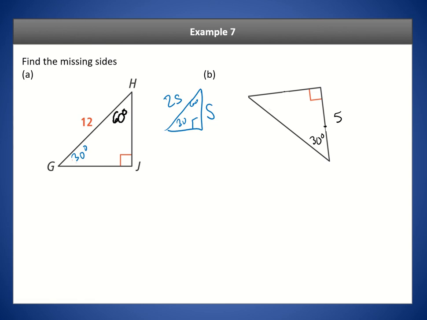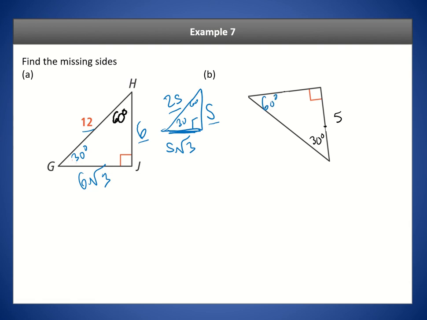And then the second longest side, this 30-degree side, is the shortest side times square root of 3. So since we know the hypotenuse is 12, that means the shortest side has to be 6, because 12 divided by 2 is 6. And then take that 6 and you multiply by square root of 3, and that gives you the second longest leg. And you're done there.